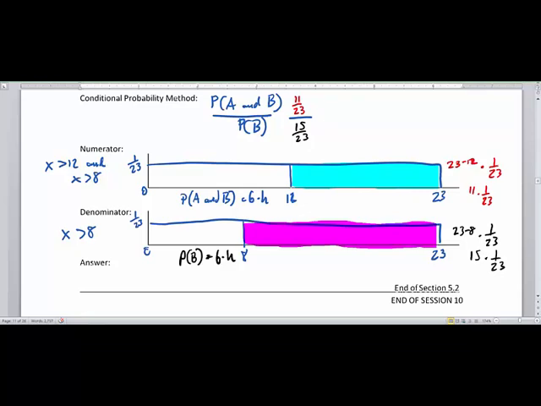Now, if you took some college algebra, instead of writing it this way, you can take your first fraction, which is 11/23rds, skip that fraction, flip the second fraction, 15/23rds, and write it as 23/15ths, and then multiply.